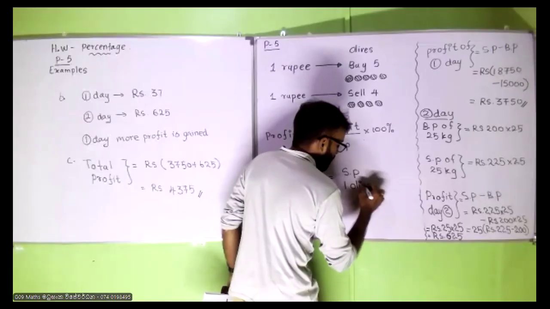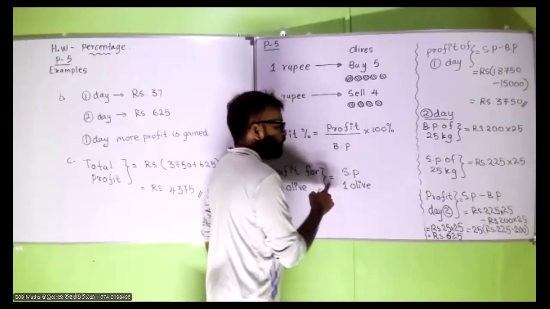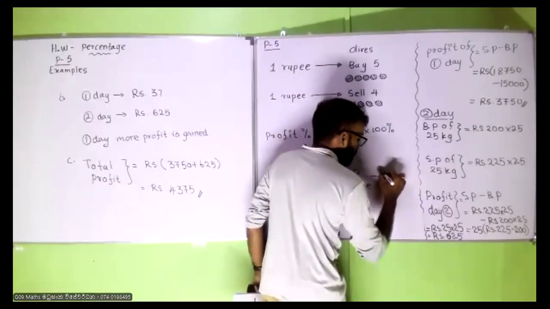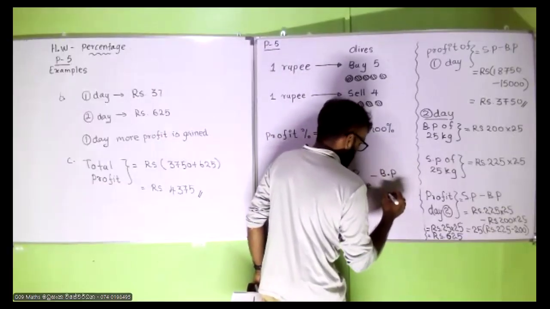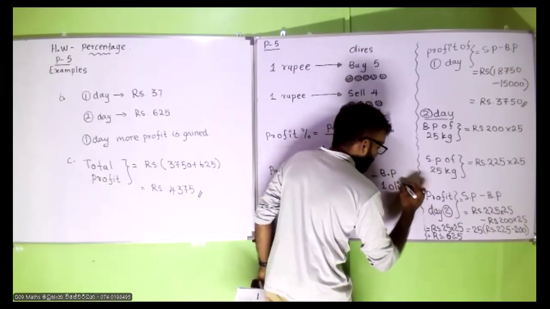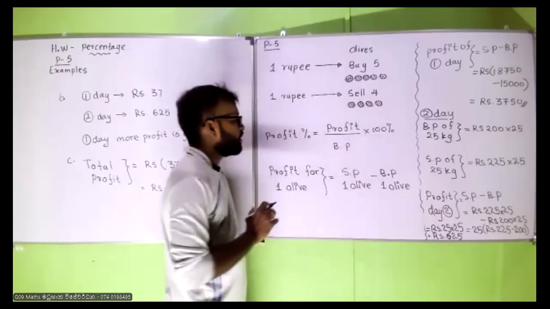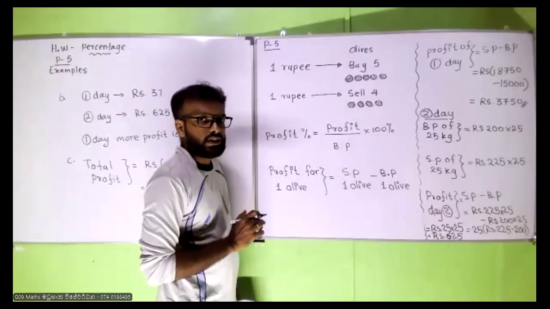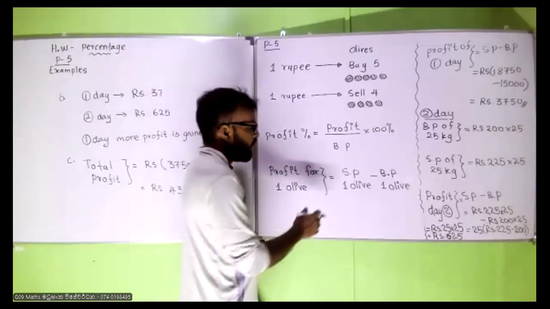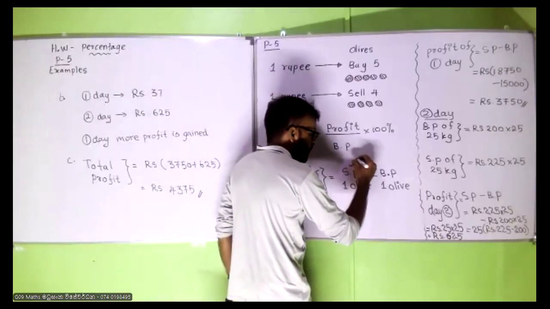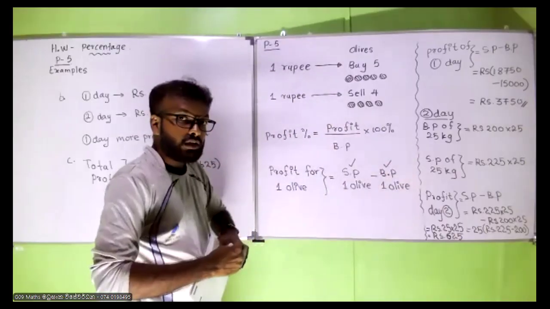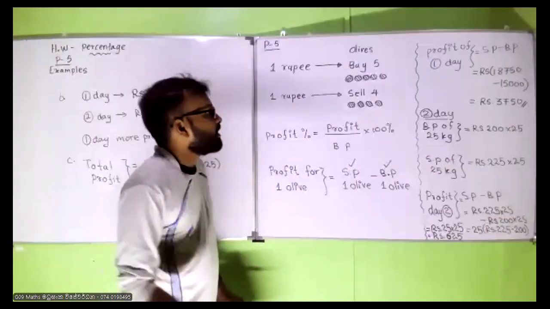Why is that? If we know the selling price of 1 olive, we can subtract the buying price of 1 olive, so we can find the profit. Then we can find the profit percentage later. Do we know that? Not yet.